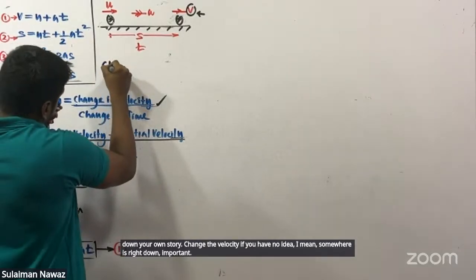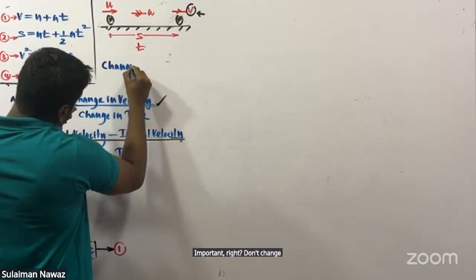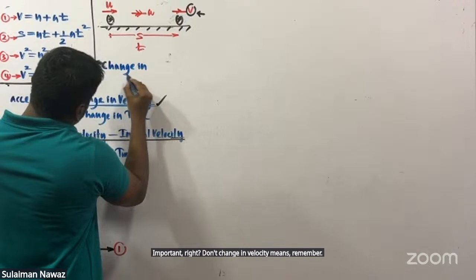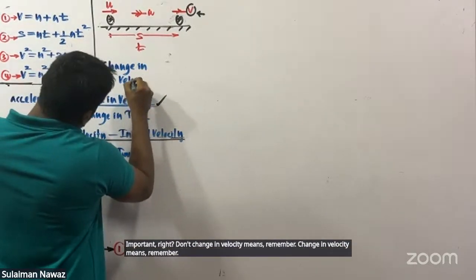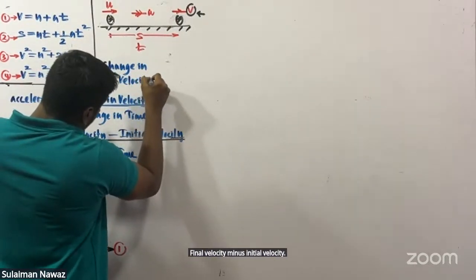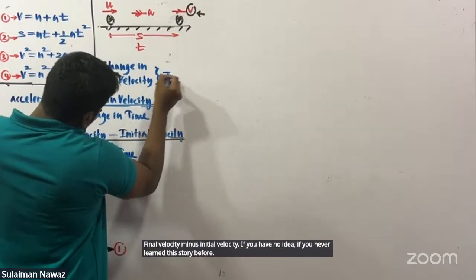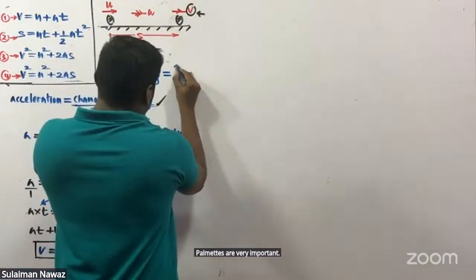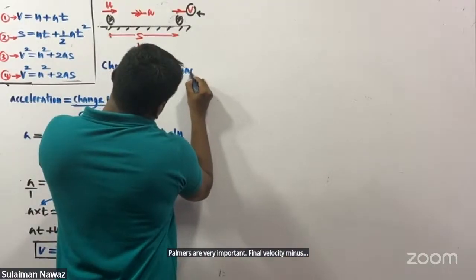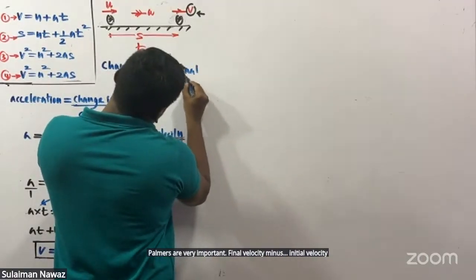Important, write down: change in velocity means final velocity minus initial velocity. If you never learned this before, write it down somewhere else.